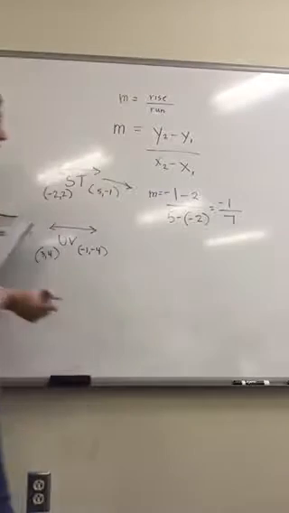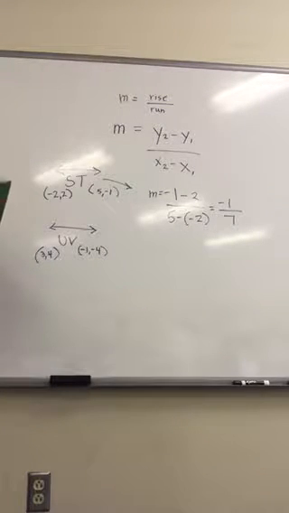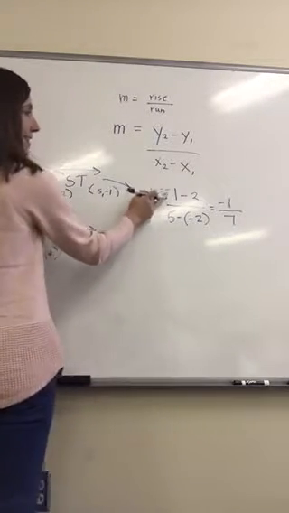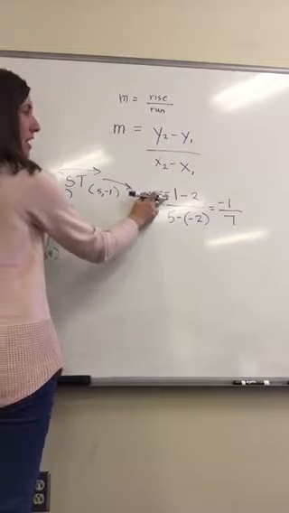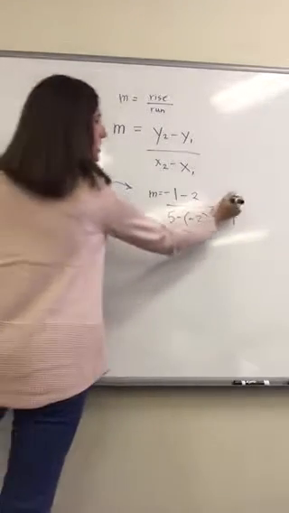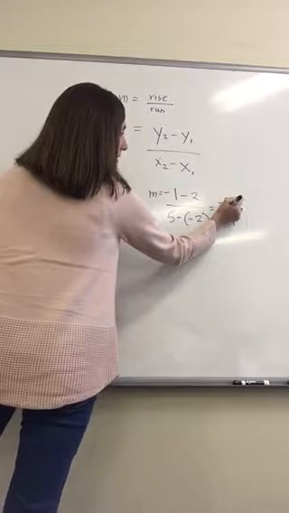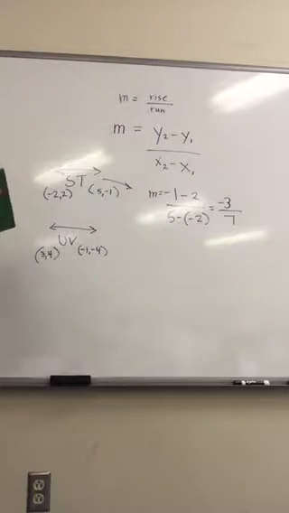So we have negative 1 seventh. I don't think I did something right there. I see why, and y'all probably already caught it. I didn't see this negative sign right here. So this is negative 1 minus 2, which is actually negative 3. Sorry about that. I knew something wasn't right.